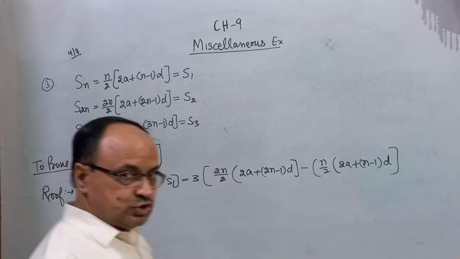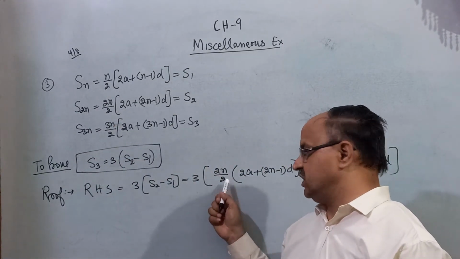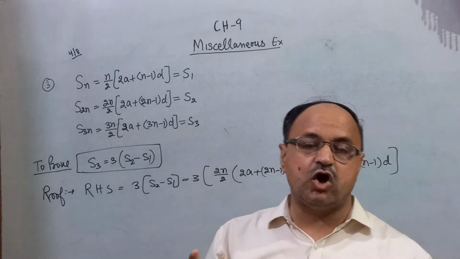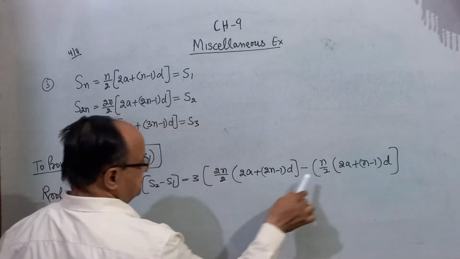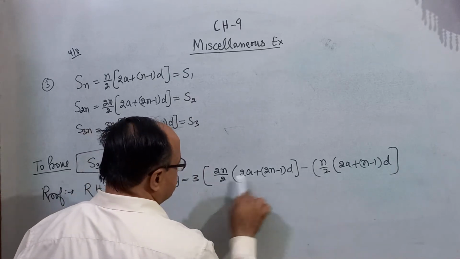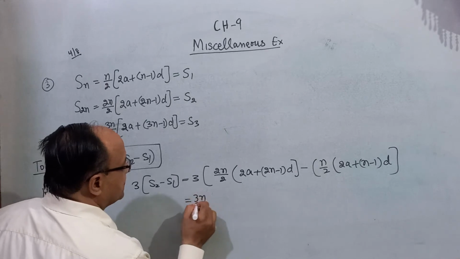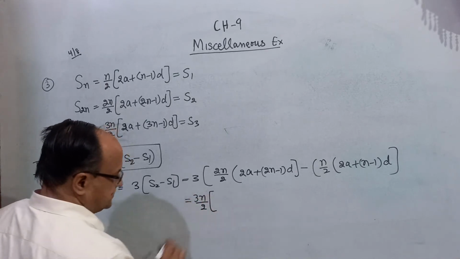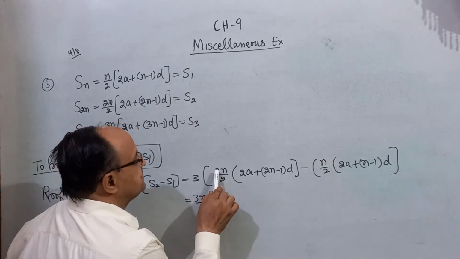Don't cancel the 2 with this 2, because here we want to take n by 2 common. Very simple question. Take n by 2 common, then here 2 is the left term.